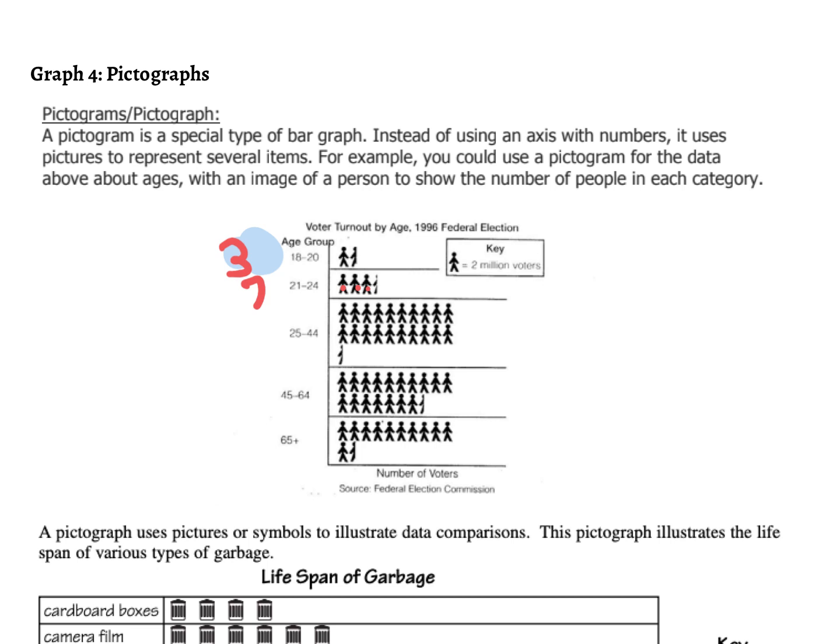Apparently 25 to 44 is a big age group. So you have 2, 4, 6, 8, 10, 12, 14, 16, 18, 20, 22, 24, 26, 28, 30, 32, 34, 36, 38, 40. And then a half person would be 41 million. So basically each little human person counts for 2 million. If it's a half, it counts as 1 million.